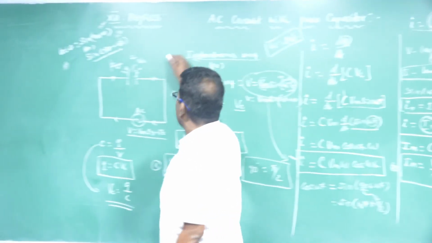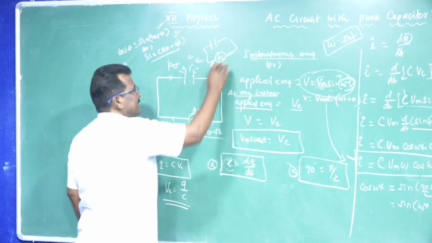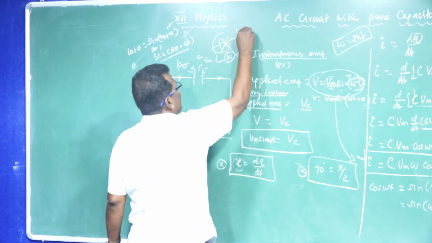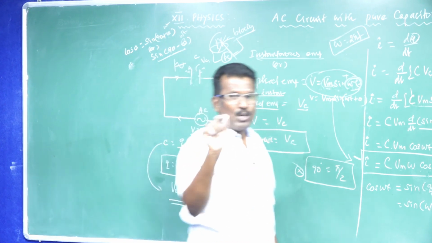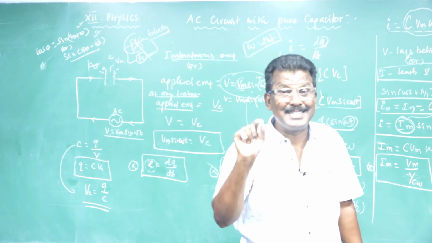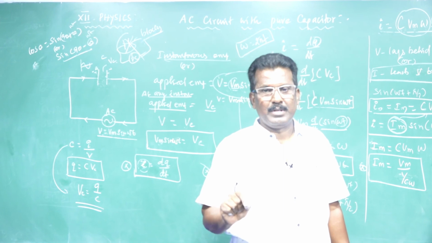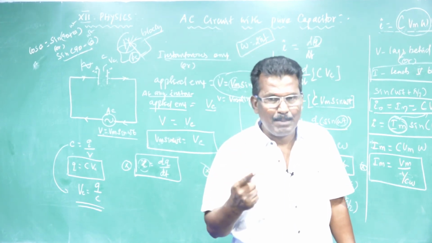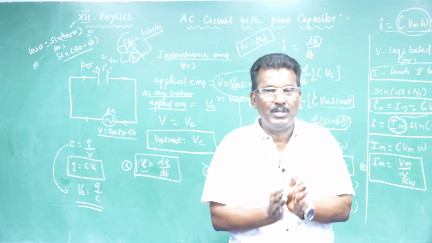When any DC source is connected to a capacitor, it completely blocks the signal. So the capacitor allows only the AC signal, but blocks a DC signal because the DC signal has no frequency. But in the case of AC, the frequency increases, capacitor reactance decreases, which decreases the opposition.